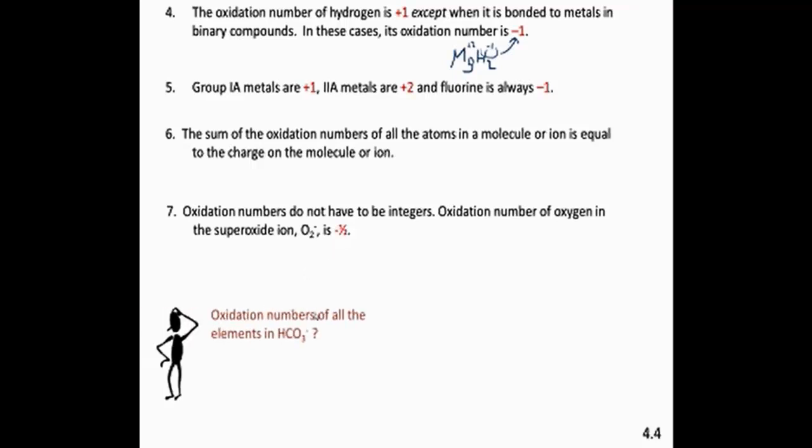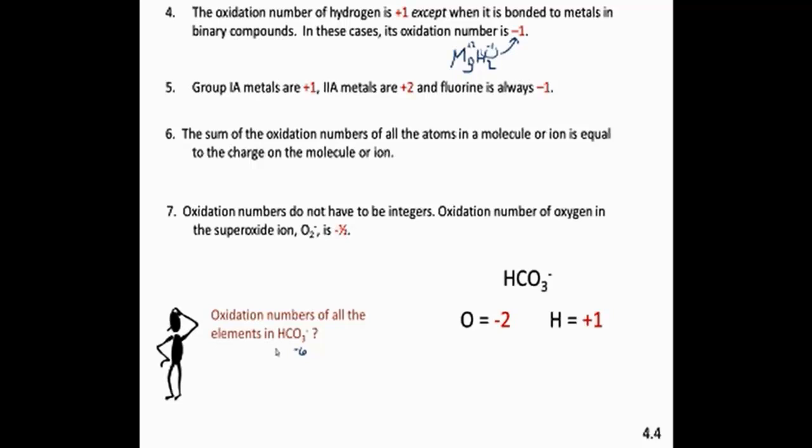Alright, so how does this really work? Find the oxidation numbers of all the elements in HCO3-. We know that hydrogens are typically a +1, or they're always a +1 unless they're with a metal. There are no metals here. So hydrogen is going to be a +1, and oxygens are typically -2. So if oxygen is -2 and there are 3 of them, it really contributes an overall -6.